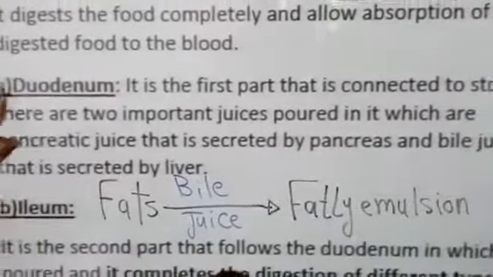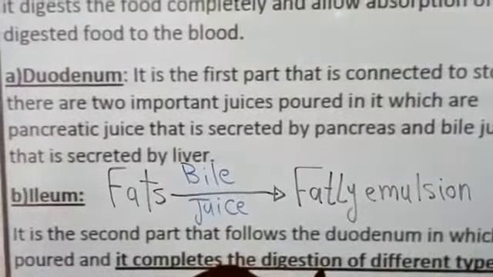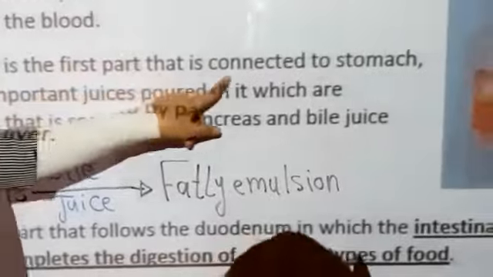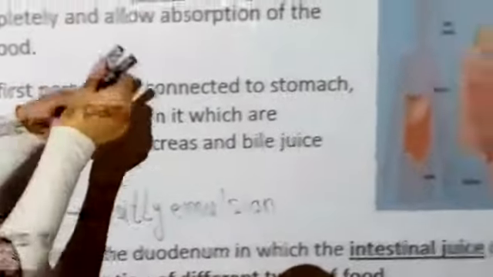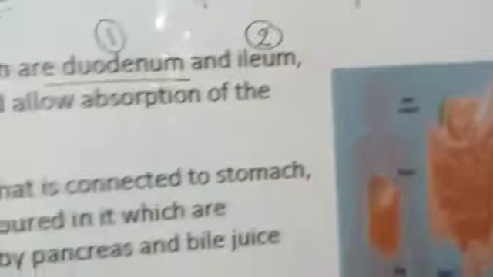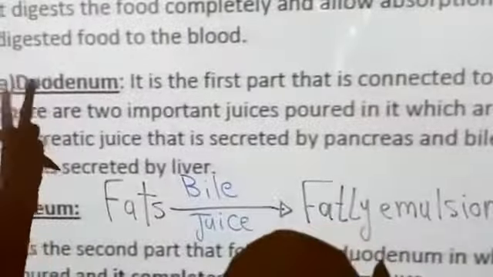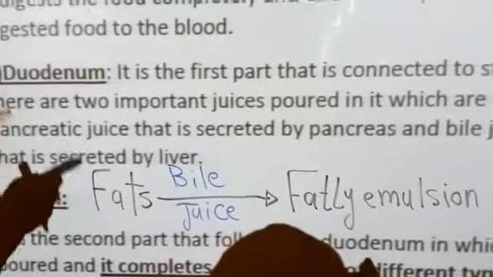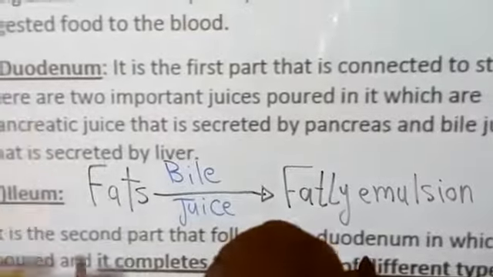The first part of the small intestine is the duodenum. It's the first part that's connected to the stomach. Inside the duodenum, there are 2 juices. Number 1, we have bile juice, and number 2, we have pancreatic juice.